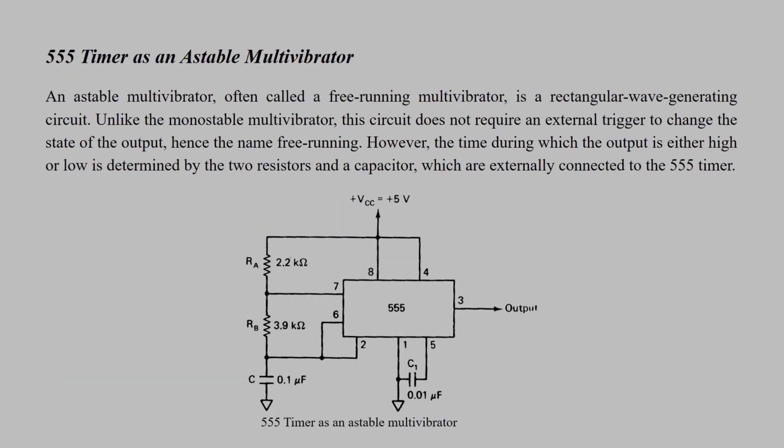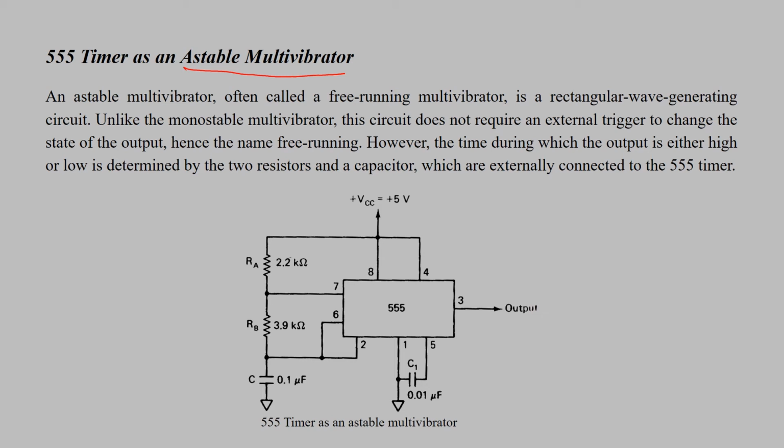Now we will talk of 555 timer as an astable multivibrator. An astable multivibrator, often called a free running multivibrator, is a rectangular wave generating circuit.